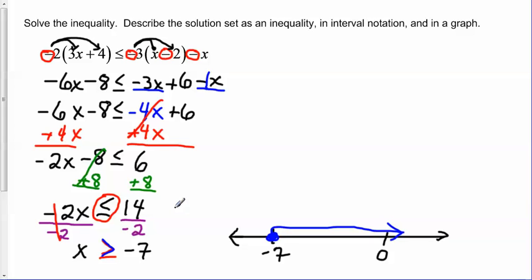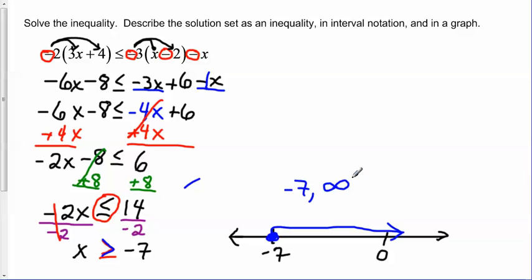Now I'm ready to set up my interval. And so we're going to see how far to the left and how far to the right we go. To the left, we go as far as negative 7. And to the right, notice that this keeps going and going and going forever. So it goes all the way to infinity, if you could ever actually get there.